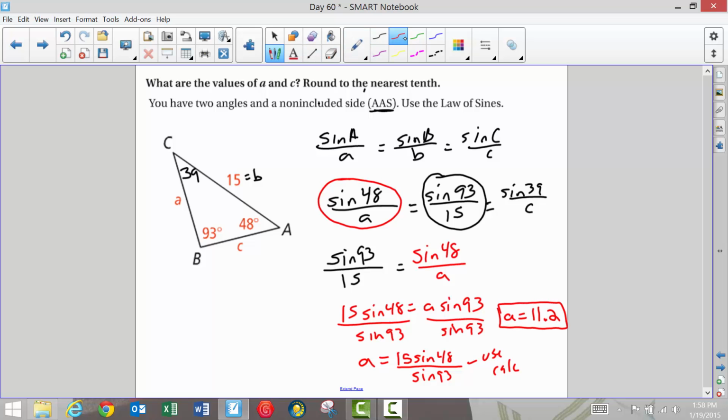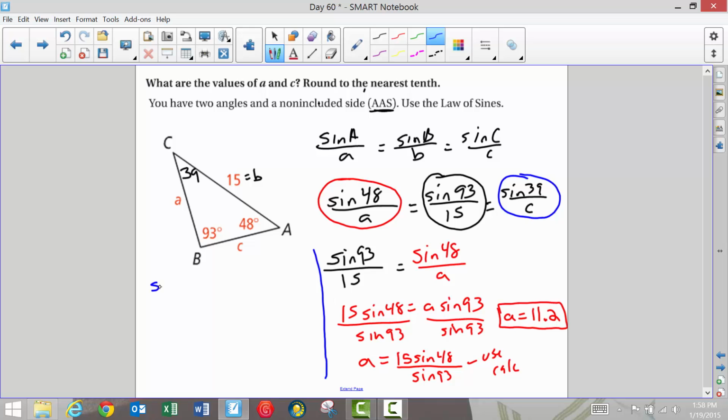Now I need to solve for C, because C is also a variable. So how do I solve for C? Again, I repeat the process using sine 93 over 15 and set it equal to the fraction that contains the C variable.